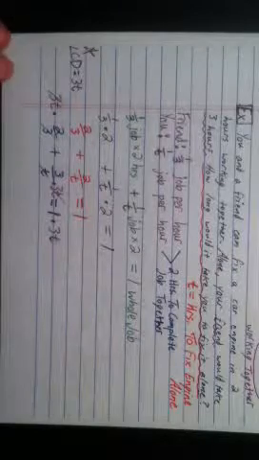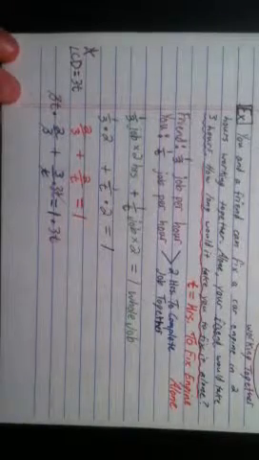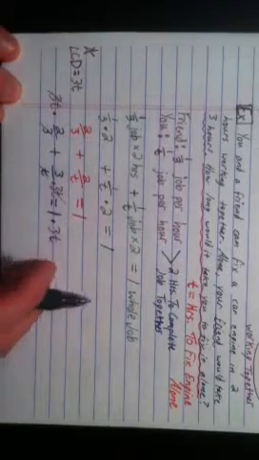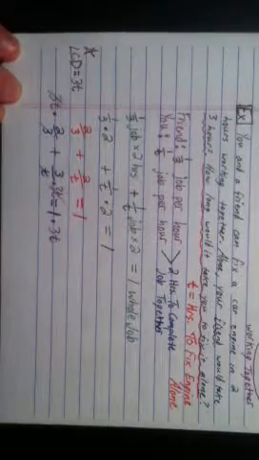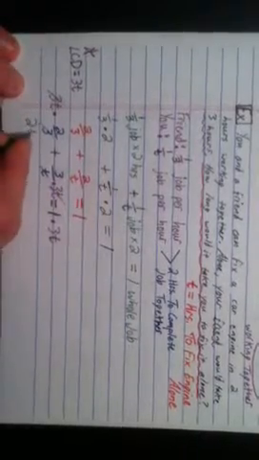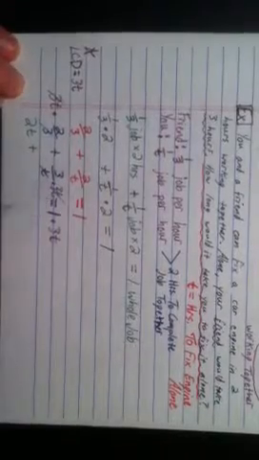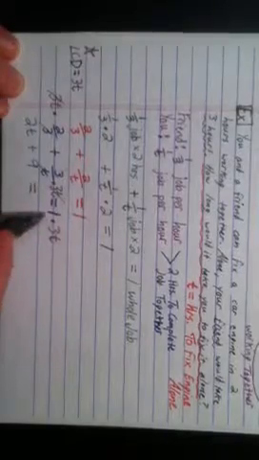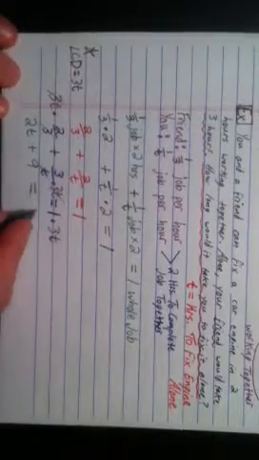Alright, I guess we could take it down a step. t times 2 is going to give us 2t, plus 3 times 3, because the t's cancel, it's going to give us a 9, equals 1 times 3t, which gives us 3t.